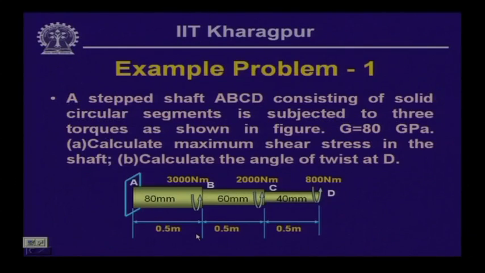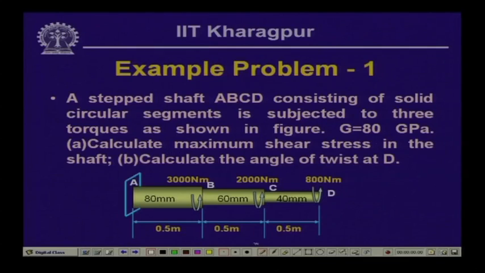Well, now let us look into some of the examples. In fact, these are the examples which I had said last time and asked you to look into. I am sure you have done this. Now, in this a stepped shaft ABCD consists of solid circular segments. There are 3 segments over here, the diameters of which are given here.